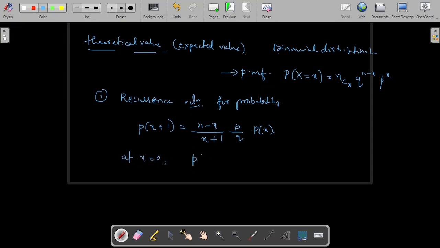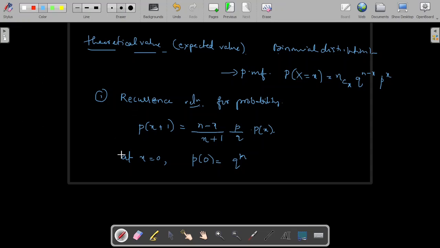Here nC0 is 1, q to the power n minus 0 into p to the power 0, so p of 0 equal to q to the power n. Then p of 1 equal to (n minus x) by (x plus 1) into p by q into p of 0. Using that relation you find p of 1, then using p of 1 find p of 2, using p of 2 find p of 3, and so on.